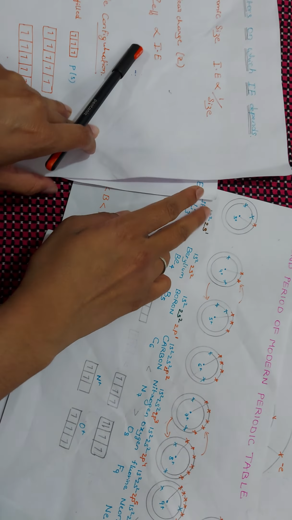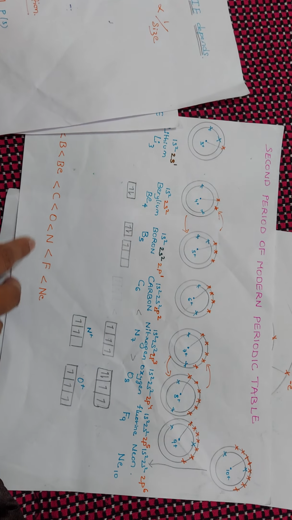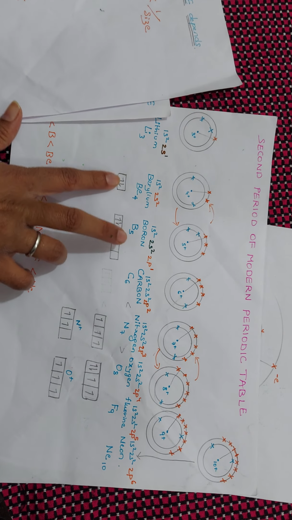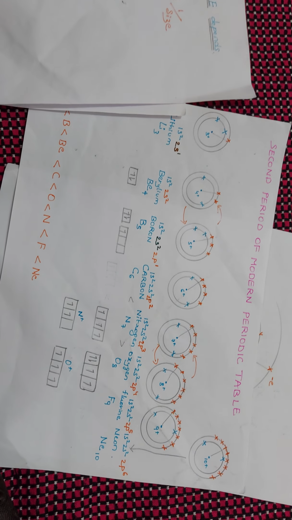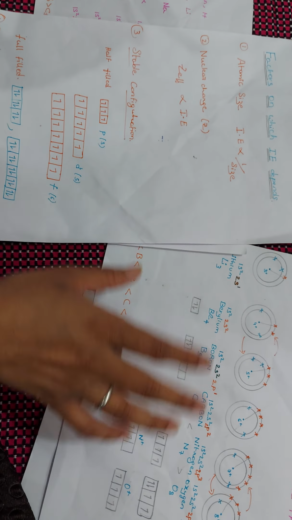And in periods, as the nuclear charge increases from left to right, the ionization energy increases. Based on this, we say that. But a few exceptions are there, that is beryllium, boron, and nitrogen and oxygen. They are the half-filled configuration of nitrogen and the fully filled configuration of beryllium. So based on this, we explain that.